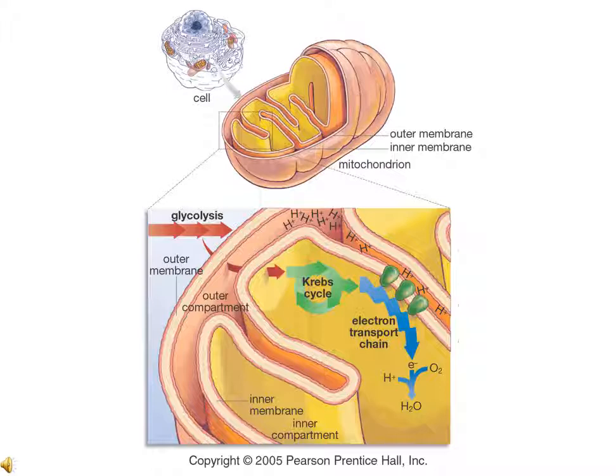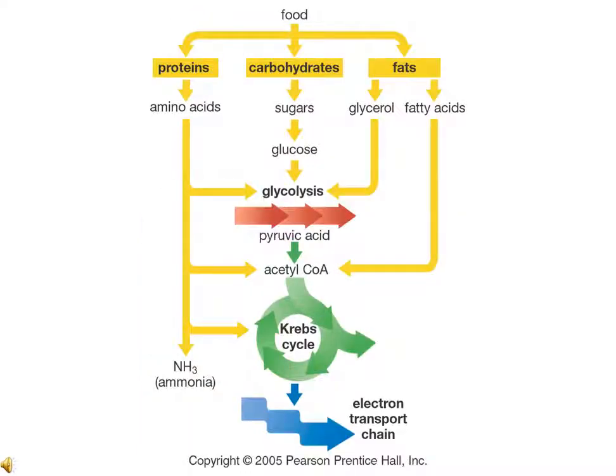The electron transport system shuffles lots and lots of electrons down the membrane, which eventually ends up in the formation of ATP. So we have looked at energy, and we have used the example of carbohydrates, breaking down carbohydrates and forming the various ATP that we form through the processes of glycolysis, Krebs cycle, and electron transport system.